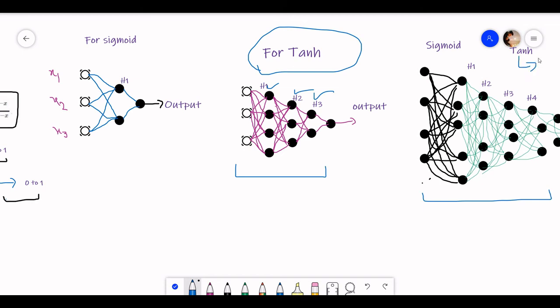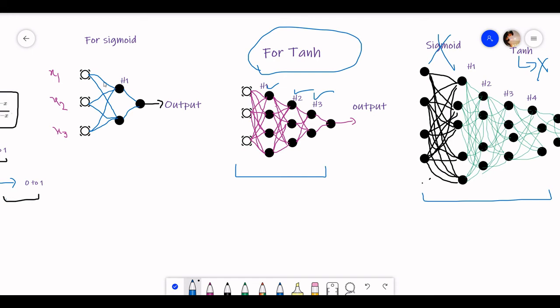So it will become unsuccessful in that case. Like our sigmoid activation function, it cannot work over here. Sigmoid activation function cannot work here, and tanh does not work here also.